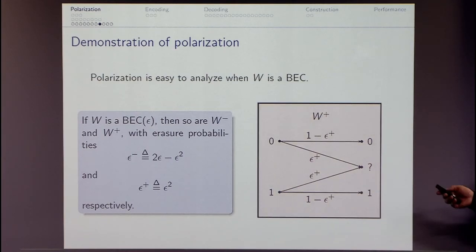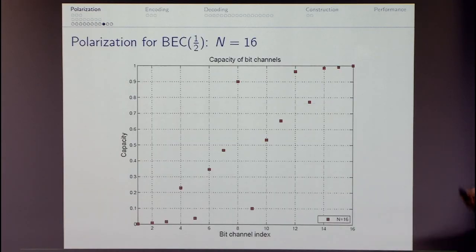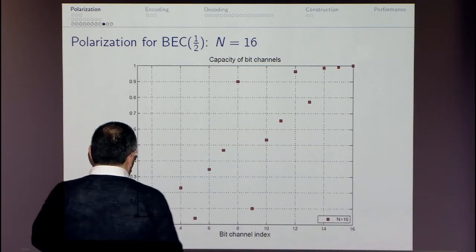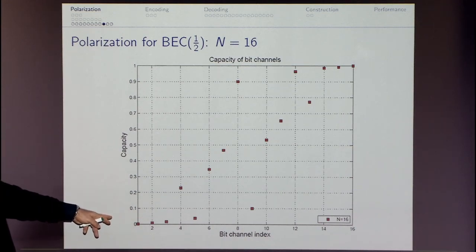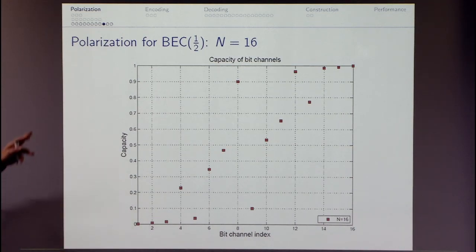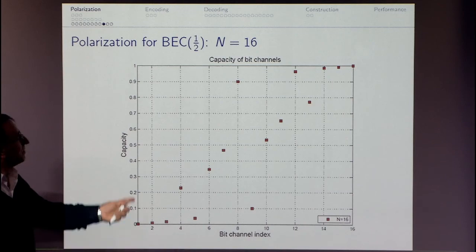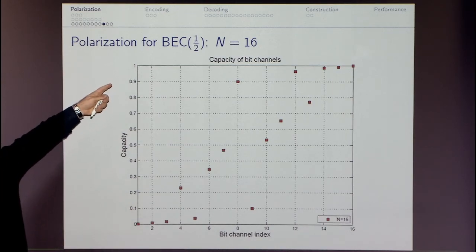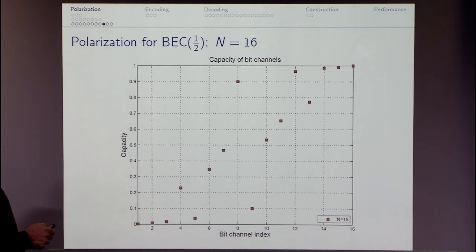So this is the better channel. And these are the capacities of the binary erasure channels that we create by this construction for size 16. So the original channels are binary erasure channels with erasure probability a half.